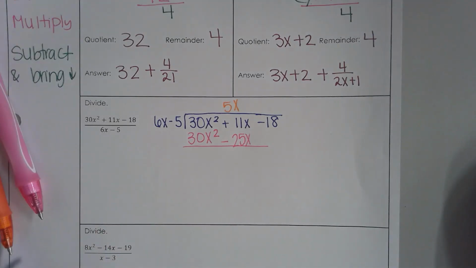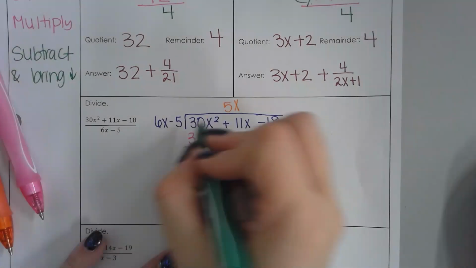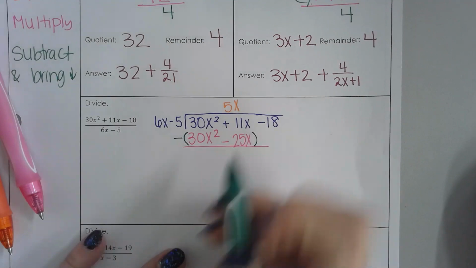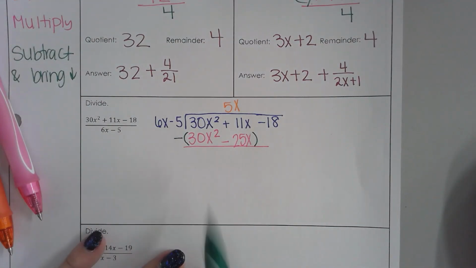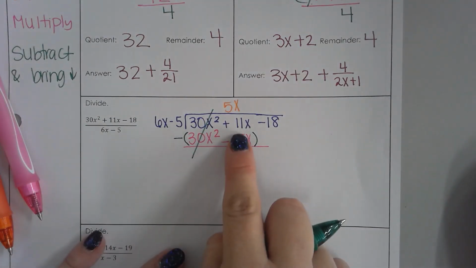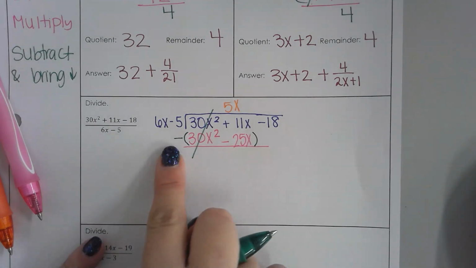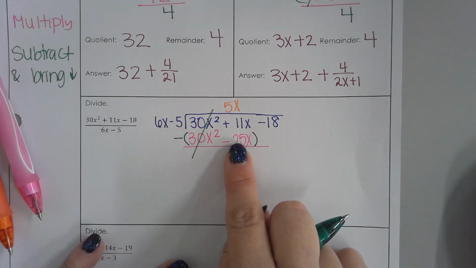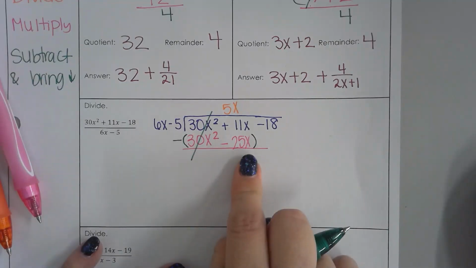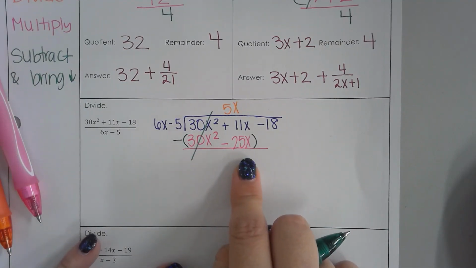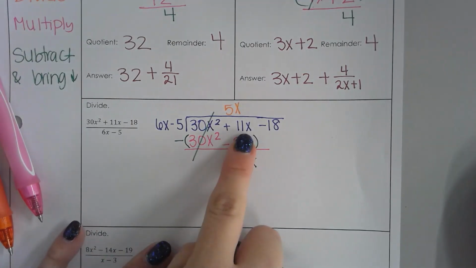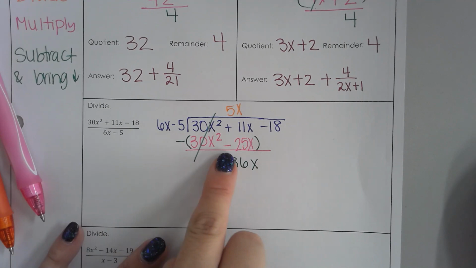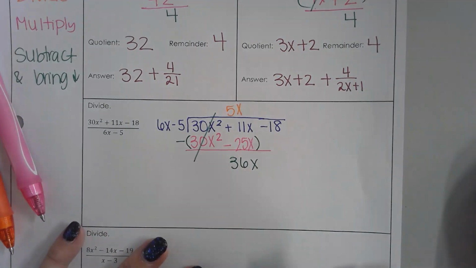So then we subtract. 30x squared minus 30x squared cancels out. 11x minus negative 25x. That's really 11 plus 25, which is what? 36x. Don't forget that you're subtracting 11 minus negative 25. And bring down.